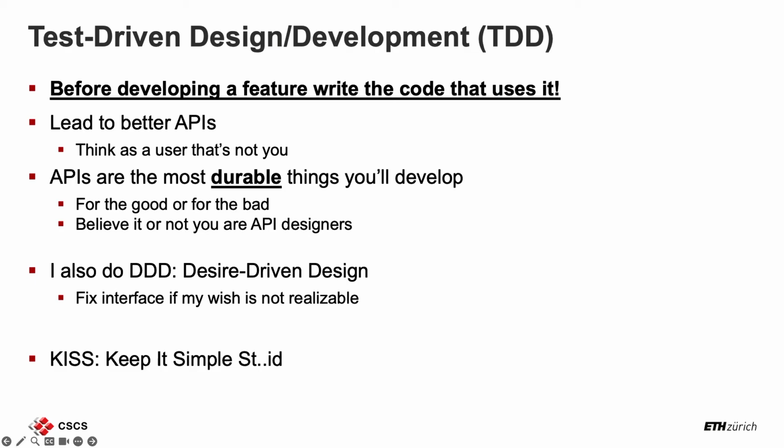Because if you start from the implementation detail, from the algorithm, which is the thing that you really care about, then the interface might come up a little bit fuzzy or not clear enough. But if you think like a user, you say, I need to use this, how do I need to use it? Then you write the test, and only after the test is done, you develop the feature. It's not easy to do, because you're always tempted to plunge in and write the cool stuff first.